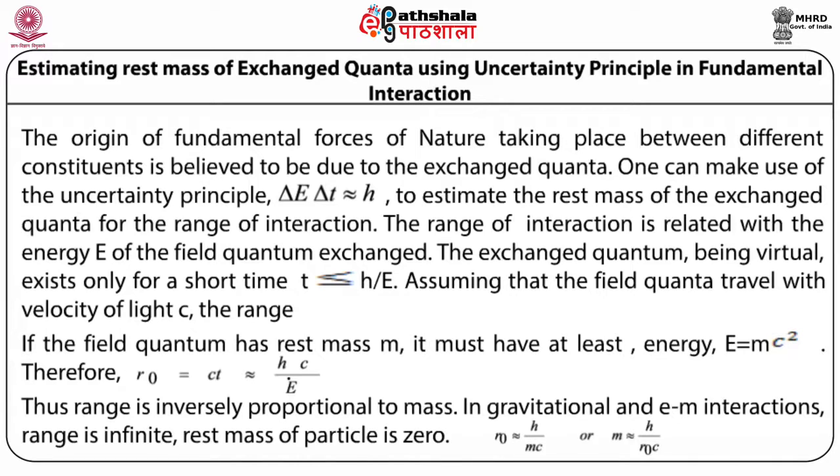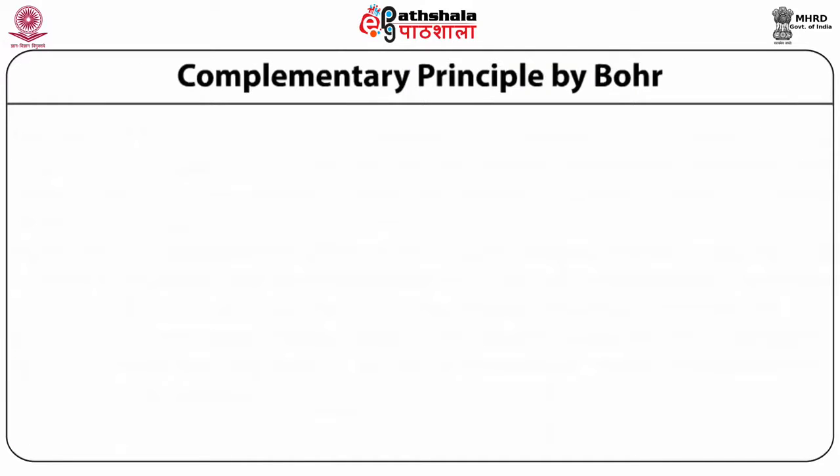So, as discussed above, in the case of gravitational and electromagnetic radiations, since R0, the range of the interaction is infinite, therefore the rest mass of the particle goes to zero, and that is why photons have zero rest mass. Complementary principle by Bohr.